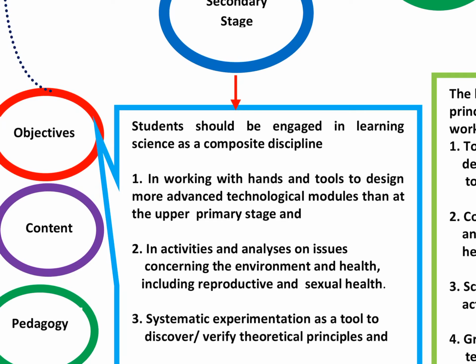So number one, the main aims and objectives of teaching science in secondary stage is to enable the learner in working with hands and tools to design more advanced technological modules than at the upper primary stage.